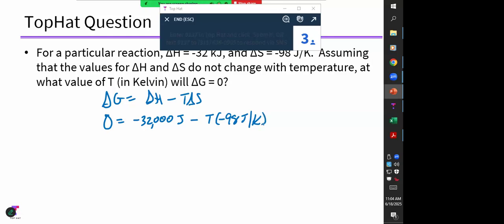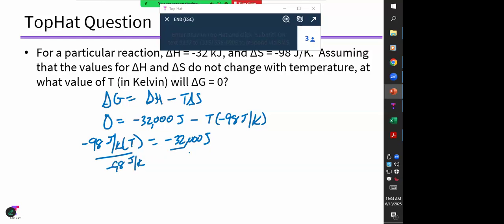Even if we did not do all of the algebra in advance, we would still get to a spot here where negative 98 joules per Kelvin times T is equal to negative 32,000 joules. Divide each side by negative 98 joules per Kelvin.